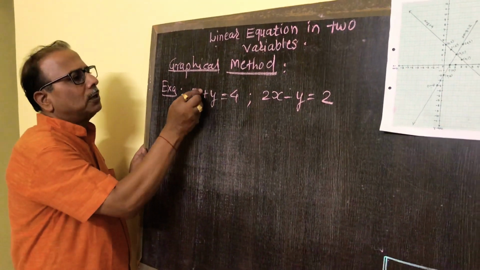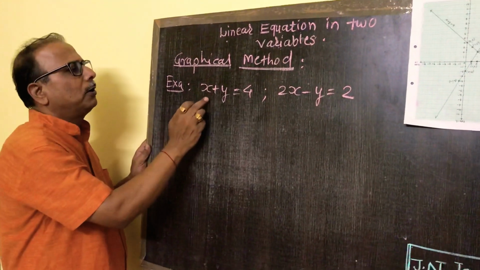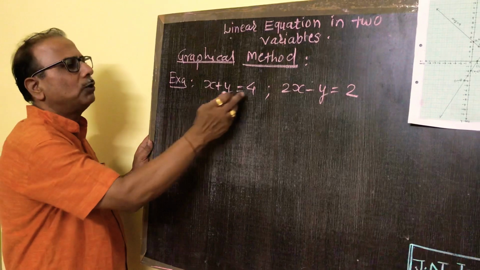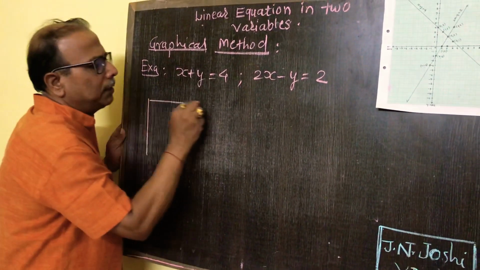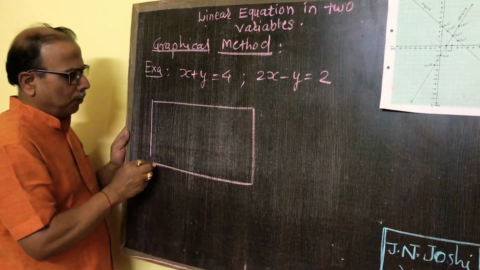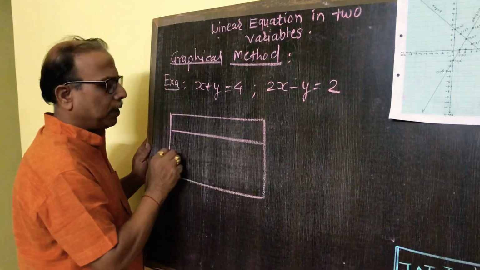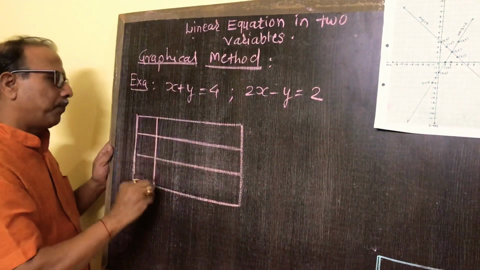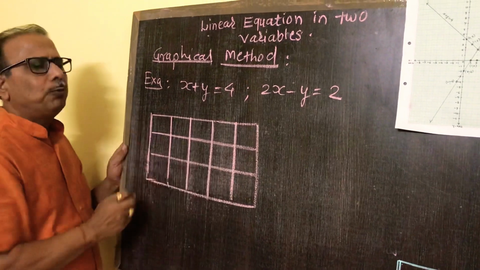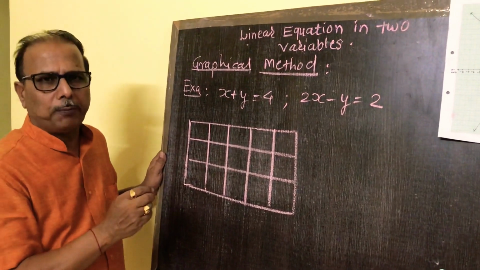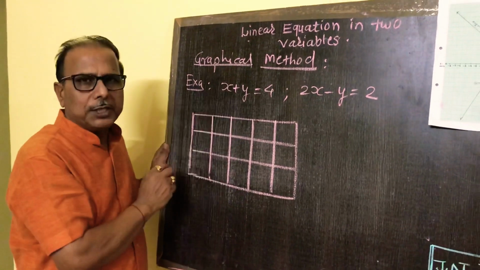So first let us start to make the table for the first equation x plus y is equal to 4. Like this, we take values of x in this equation and we can find the values of y. Minimum 3 pairs of solutions we require to draw the graph line of each equation.